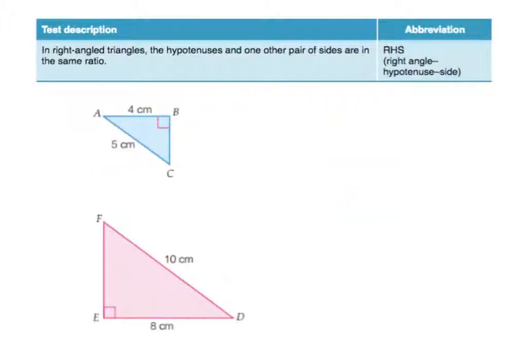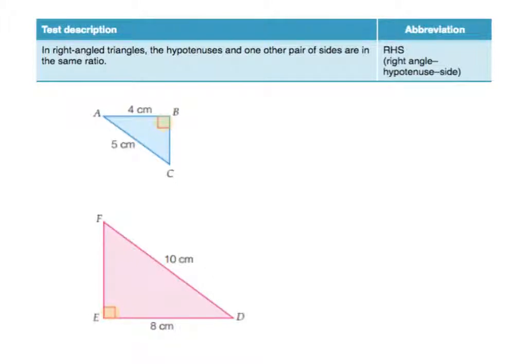The last rule that we're going to have a look at is the right angle hypotenuse side rule, which is abbreviated to RHS. Now to use this rule, we need to start off by having two right angle triangles. So we can see in our example that we have two right angle triangles.